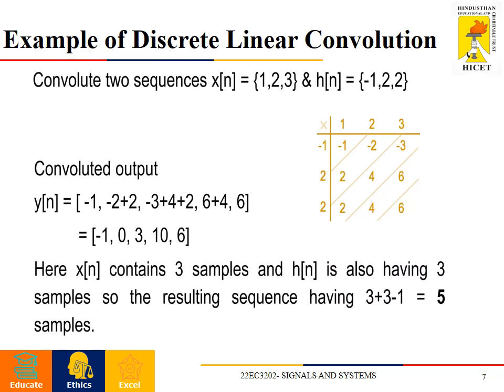So you can easily find out the number of samples of y of n, and you have to use the linear convolution multiplication method to find out y of n. Try to find out the answer for y of n and finally check here to verify the answer.